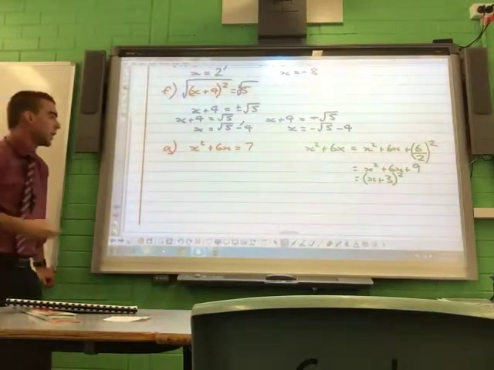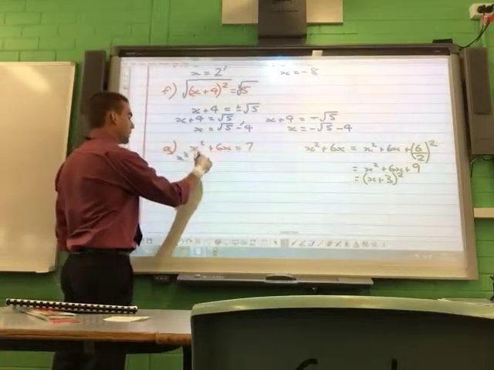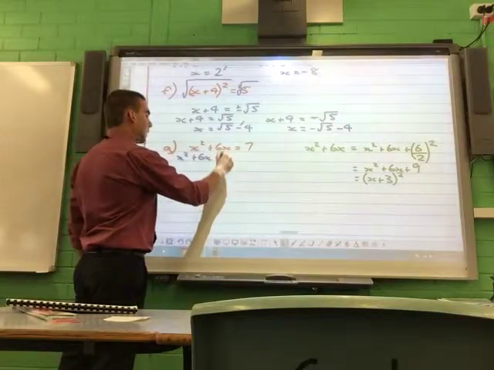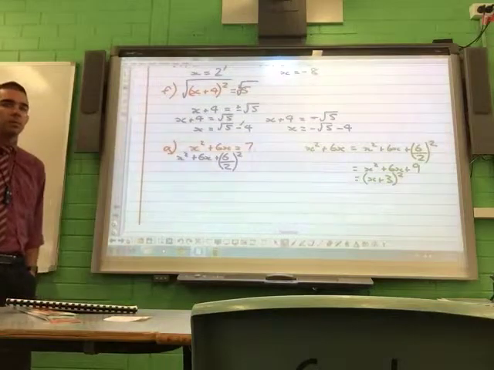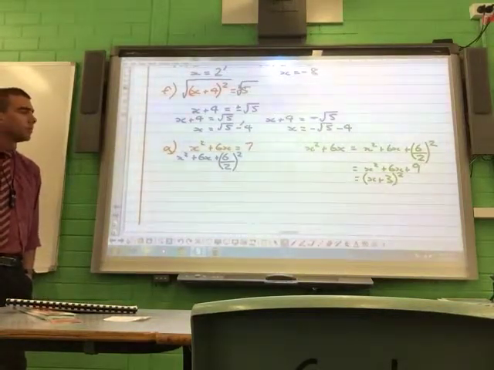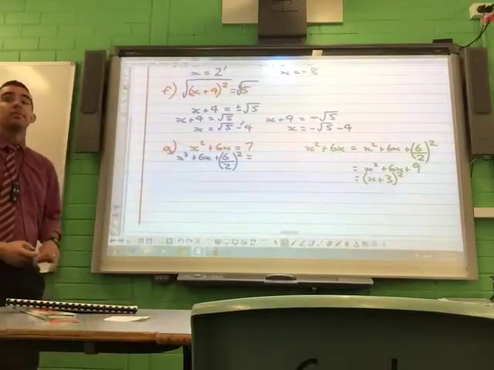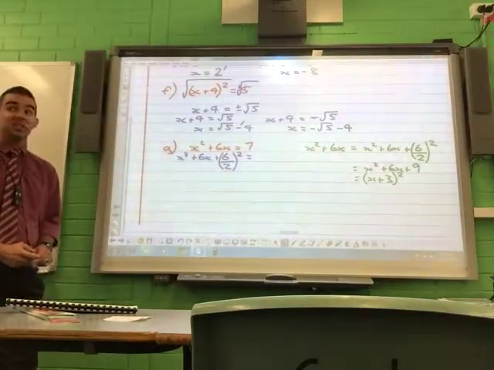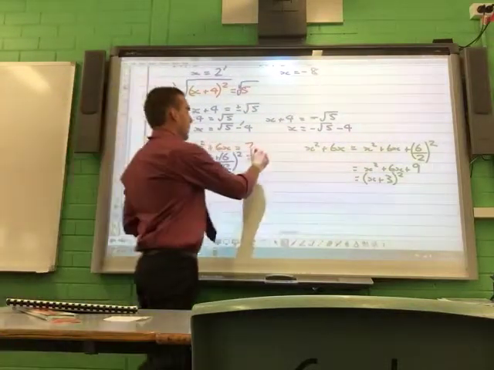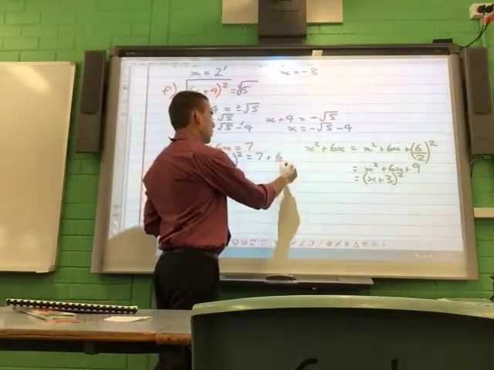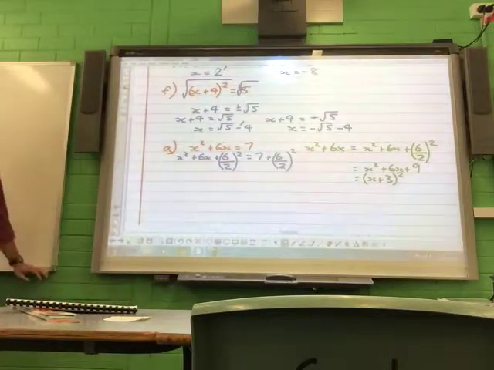Similar sort of setup. So, x squared plus 6x plus 6 over 2 all squared. Now, because this one is an equation, what I've included on this side, I must also include on the other side, to balance the equation.